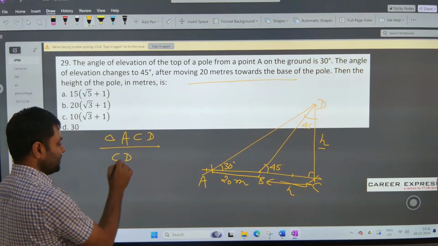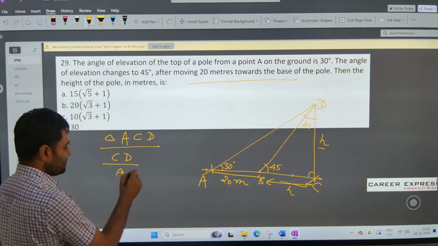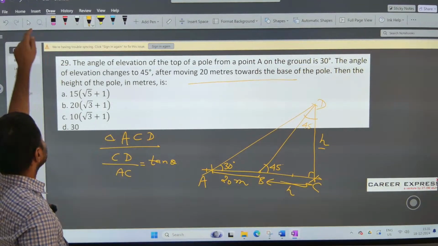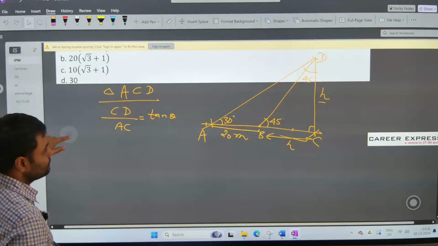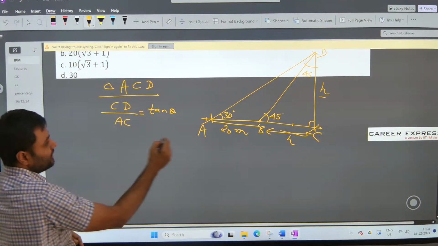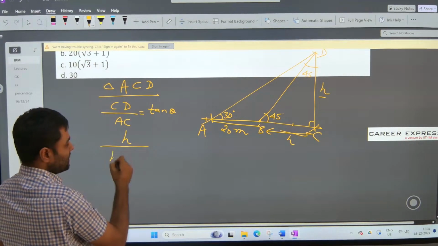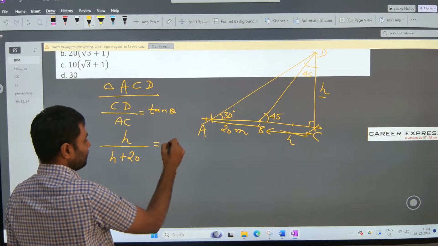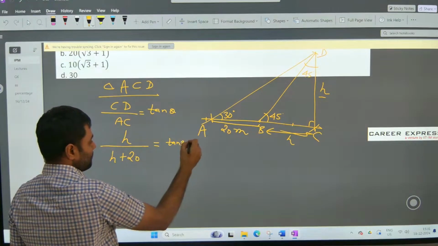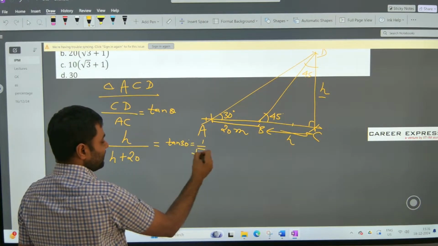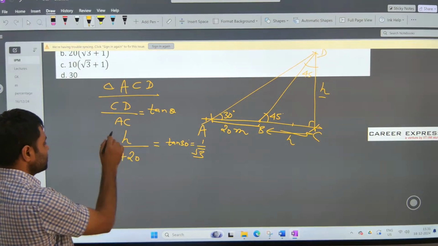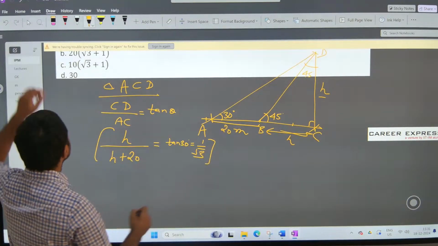Opposite side CD and adjacent side AC, the ratio of these two will be equal to tan theta. If I replace all the values, CD is h, AC is h plus 20, and tan theta is tan 30, which is 1 by root 3. So what we have is h upon h plus 20, equal to 1 by root 3.